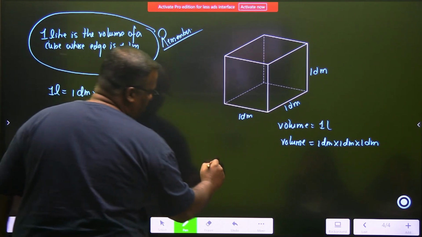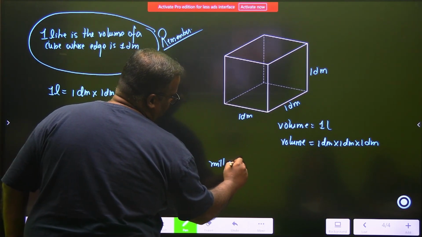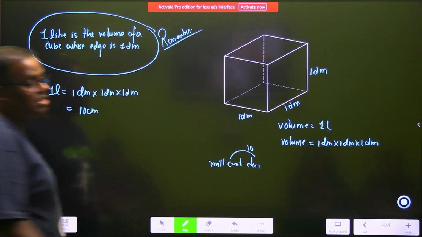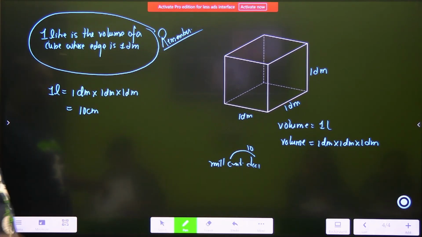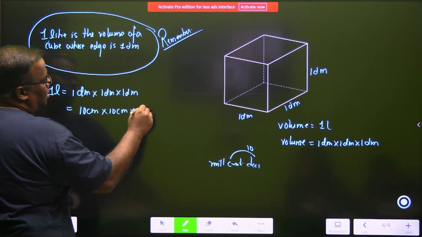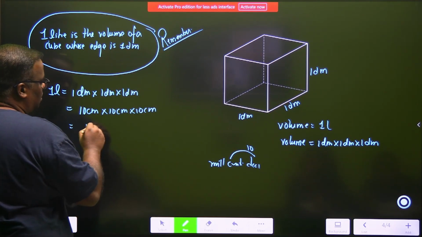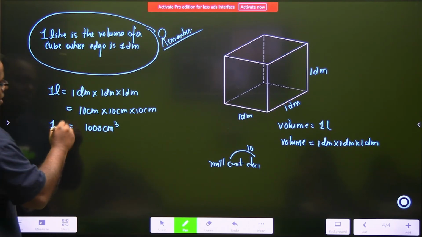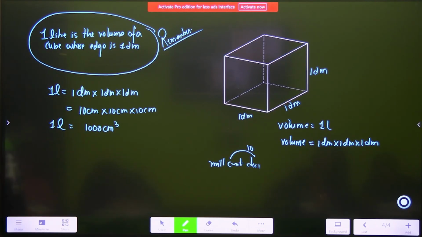Do you remember? Milli, centi, and deci. If you go from here to here, it's 10. So 10 centimeters will give you 1 decimeter. So 10 cm, 10 cm, 10 cm. How much is it? 1000 cm cube. 1 liter is 1000 cm cube.